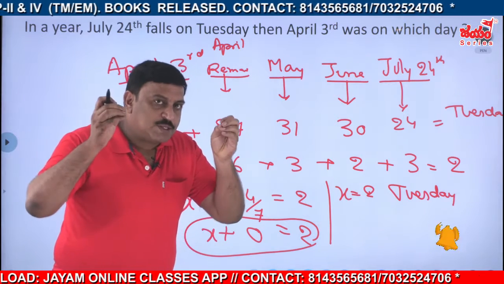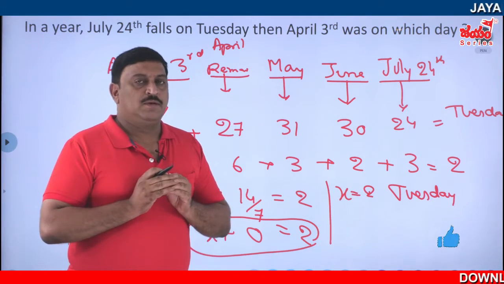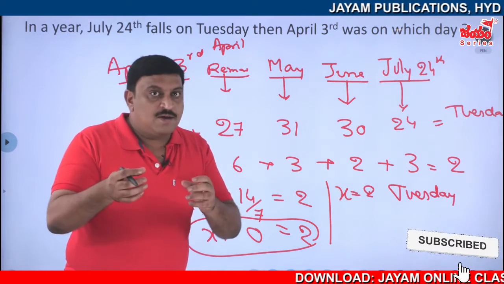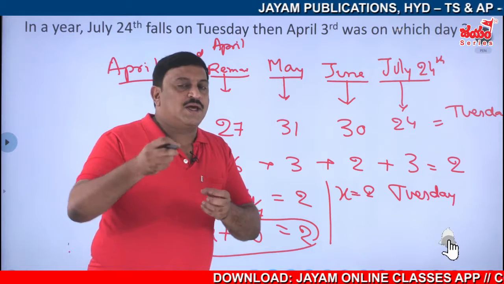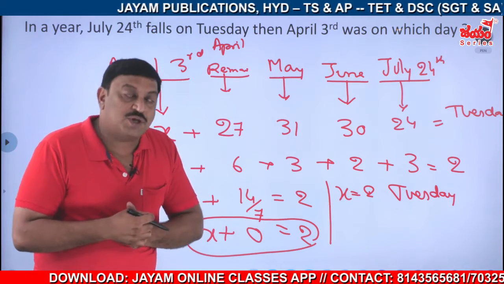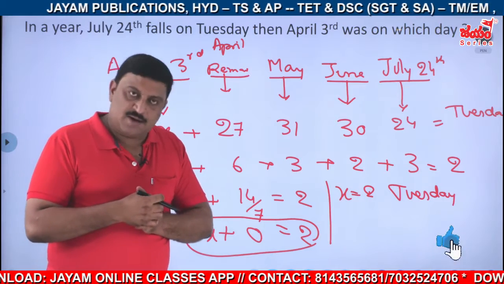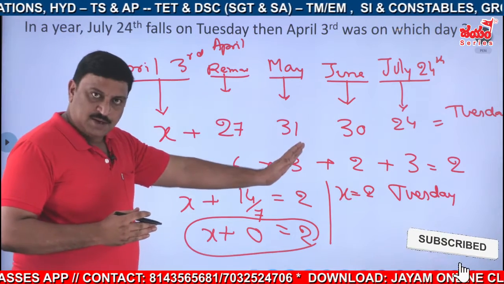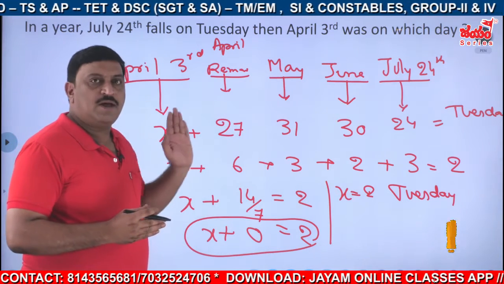Keep this point in your mind. We'll try the next question. After that, we'll go to another logic. That logic works out to super shortcuts. Wait for a while. Take the next question.